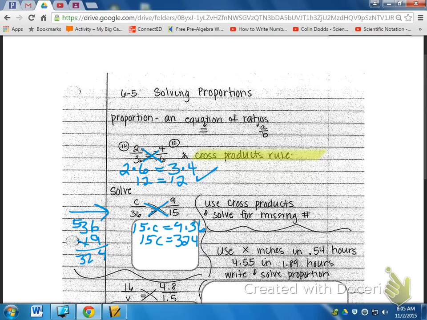And then the last step, as we know, would be divide by 15. So 324. So you can see these are not going to come out evenly. Let's go in there twice. Oops, that's not what I meant to do. And once.